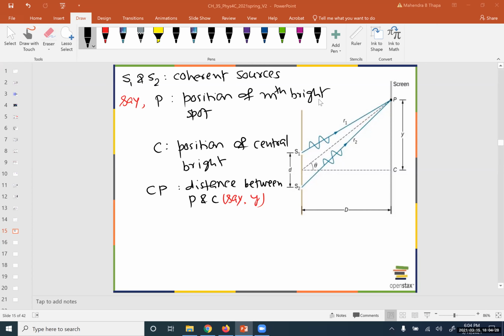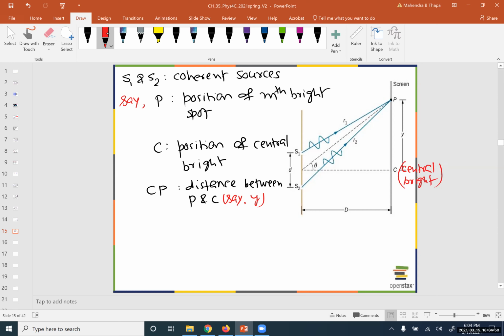So we define some of the terms here. S1, S2 are coherent sources. P is the position of the mth bright. C is the position of the central bright. Why the central bright?